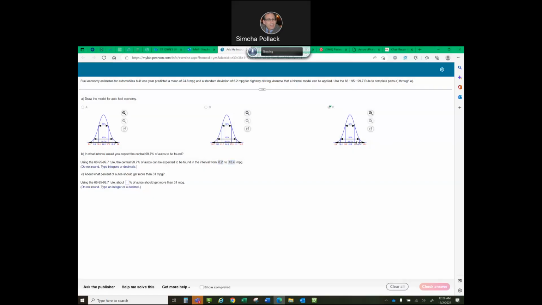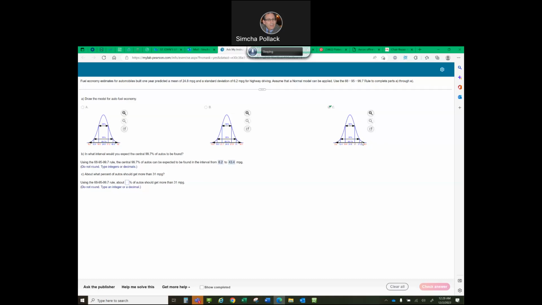Now, what percentage should we get more than 31? Well, again, we're using this graph. From here to here is 68%. Remember, we just said up to 31 is 68%. From here, how much is left? If this is 68%, 100 minus 68% is 32%.